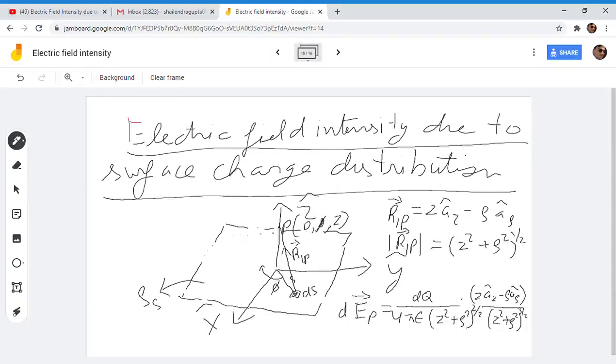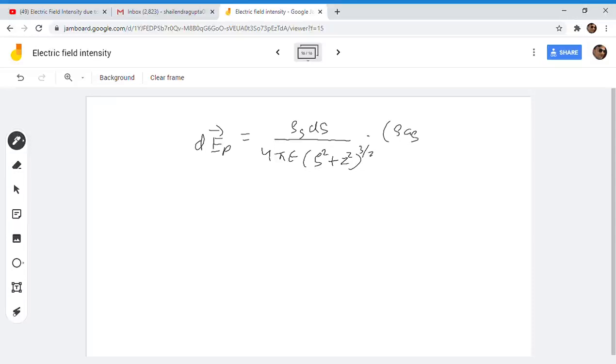Yes, this is z az. So this is z az minus rho a rho.